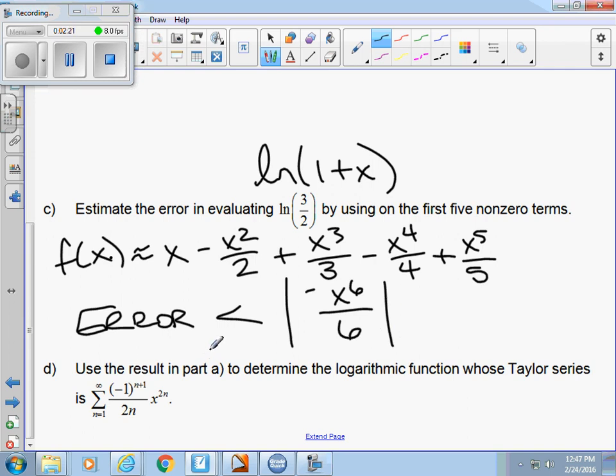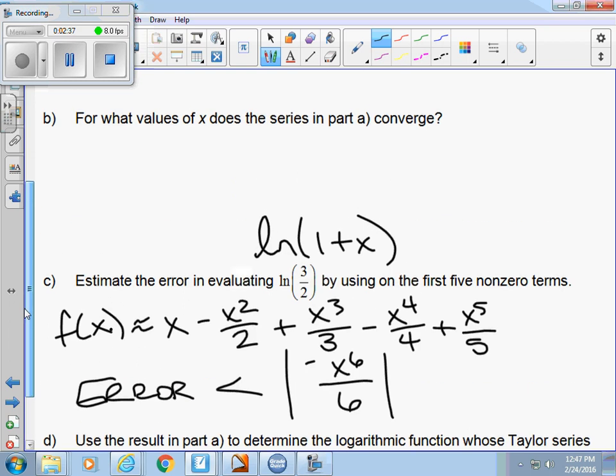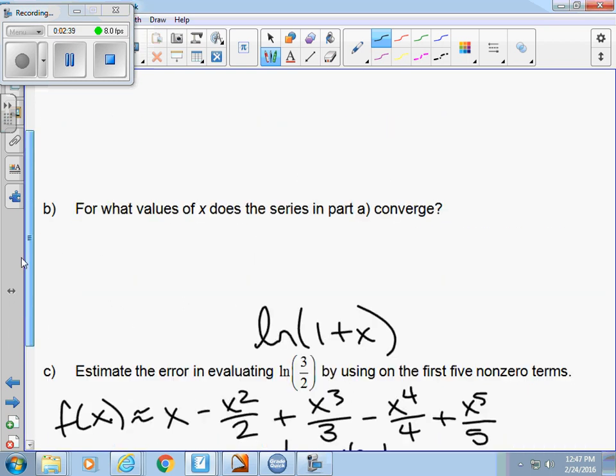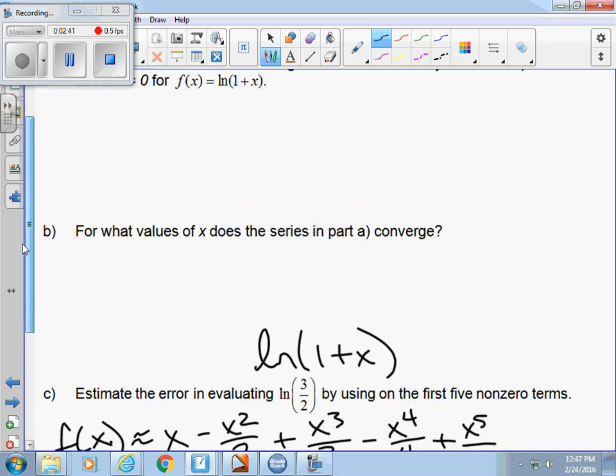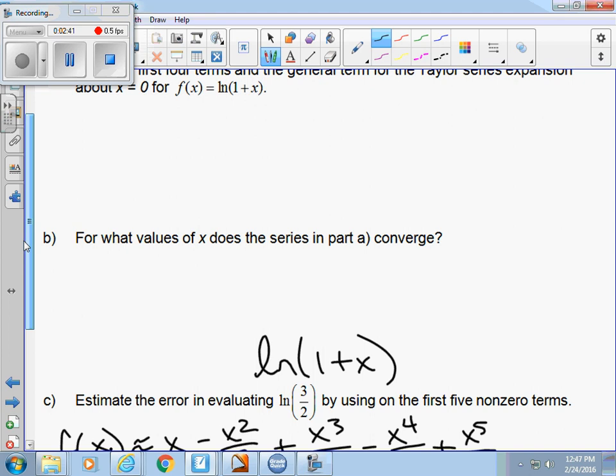The next term, right? It is the next non-zero term. Okay, and I want to evaluate this at the distance from my x value to the center. So I need to go back.